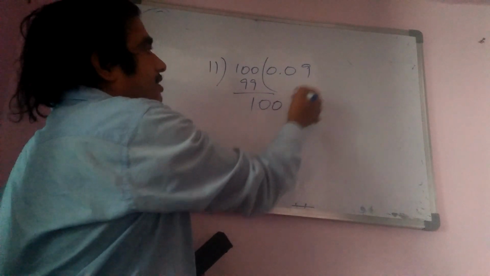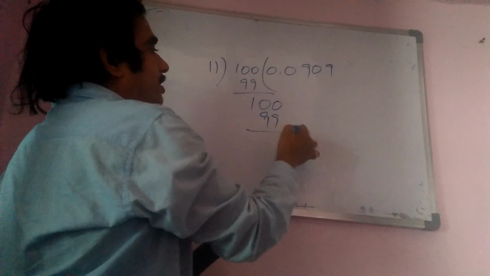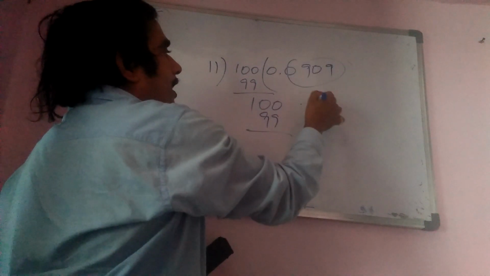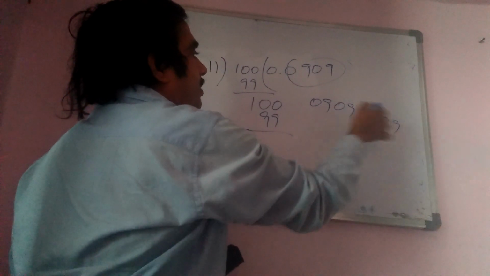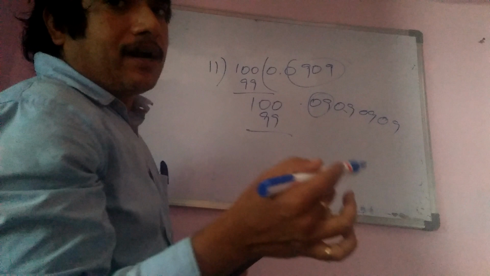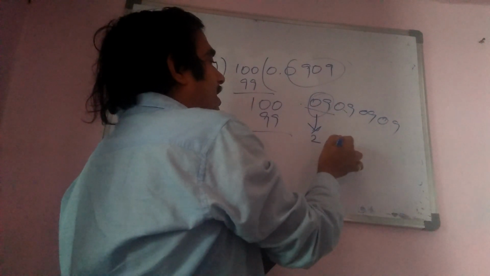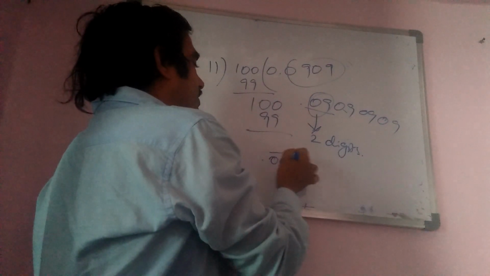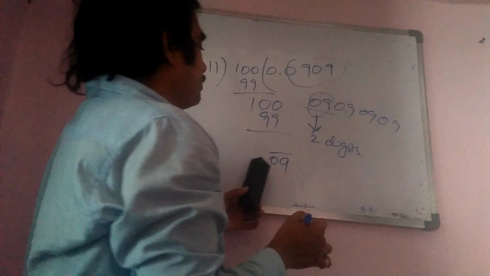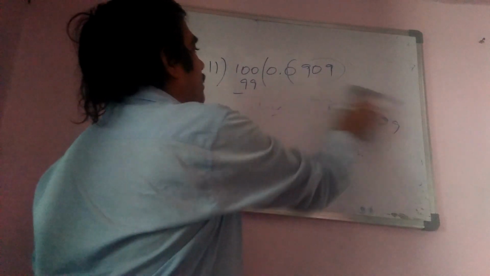I want one extra 0, so I should put 0. So 9 elevens are 99. So what did you understand now? 0.0909090909. 09 is called the period, and in this 2 digits are repeating again and again. So we will write 0.09 bar. So this is a non-terminating decimal.